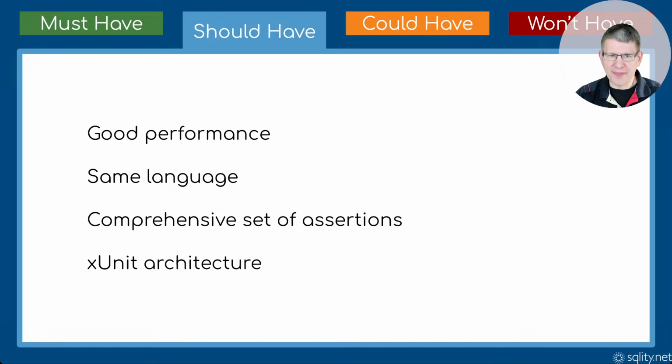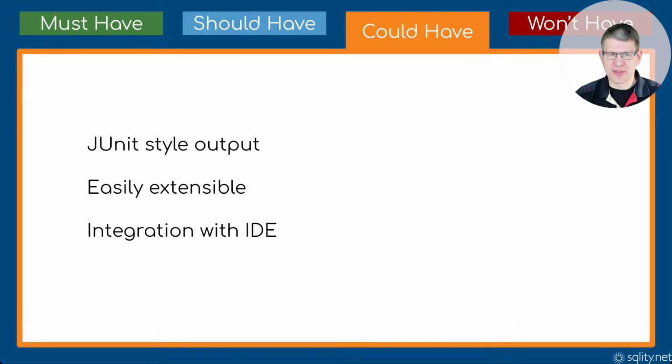Now let's look at the could-haves. If you want to integrate the execution of your tests in your CI pipeline, then having a JUnit style output is really helpful. It allows the pipeline, the CI framework, to understand the test output and then fail the entire pipeline if there were failing tests.